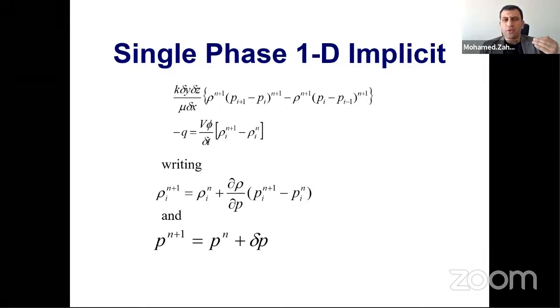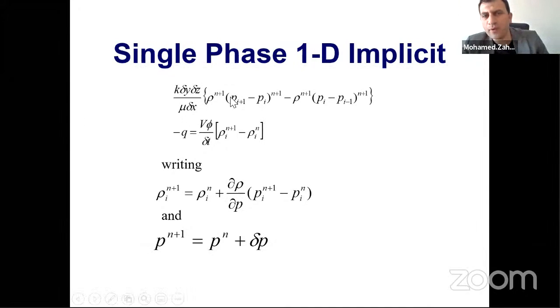Now, if you need to solve this equation to calculate all the parameters, you need to understand that you need the pressure, which, when I discussed the mass balance, I said changes with time.